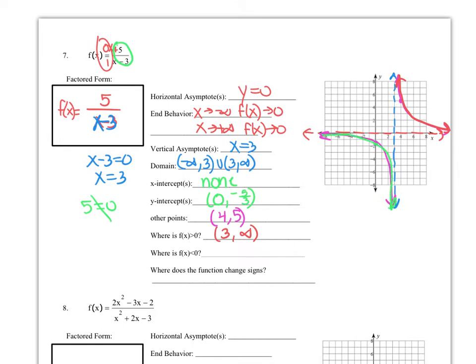That's all this piece. That's all negative outputs. So that's from negative infinity to 3. And then where does the function change sign? It only changes sign at this one at the vertical asymptote. So notice to the left of 3, all the outputs are negative, and to the right of 3, they're all positive. So at vertical asymptote, x equals 3.